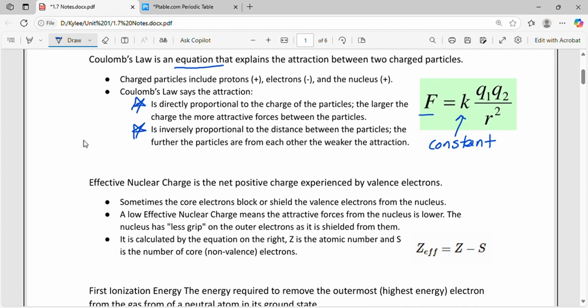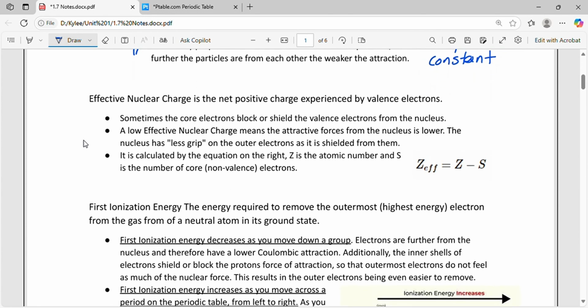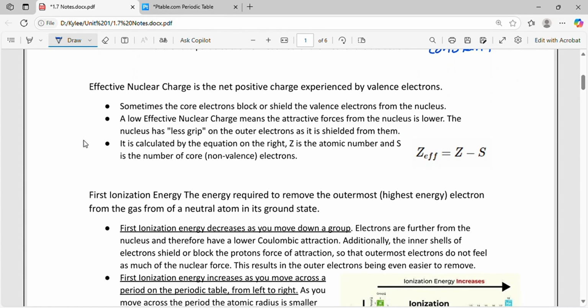The next thing we like to talk about when it comes to trends on the periodic table is a concept called effective nuclear charge. The effective nuclear charge is the net positive charge that is experienced by the valence electrons.